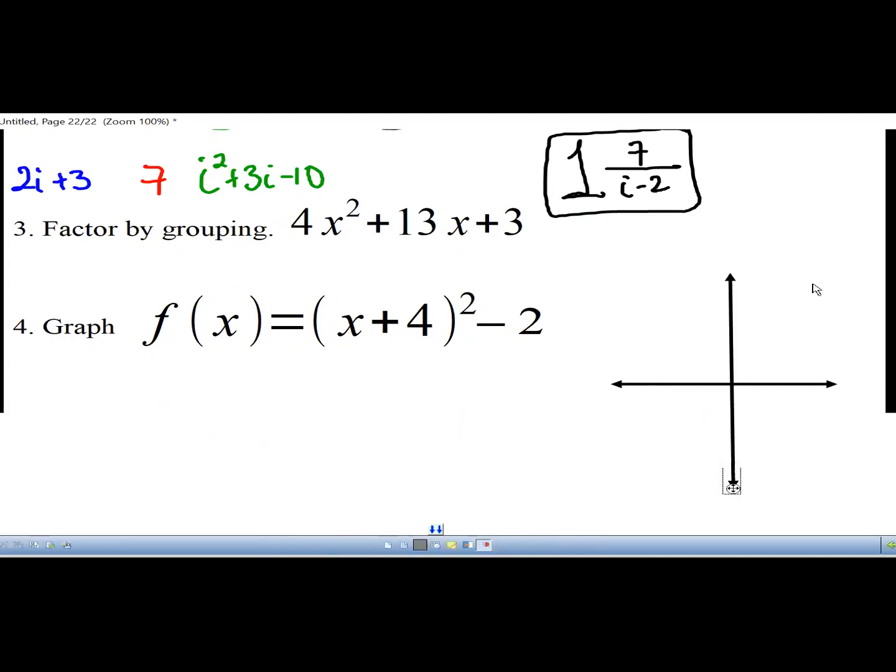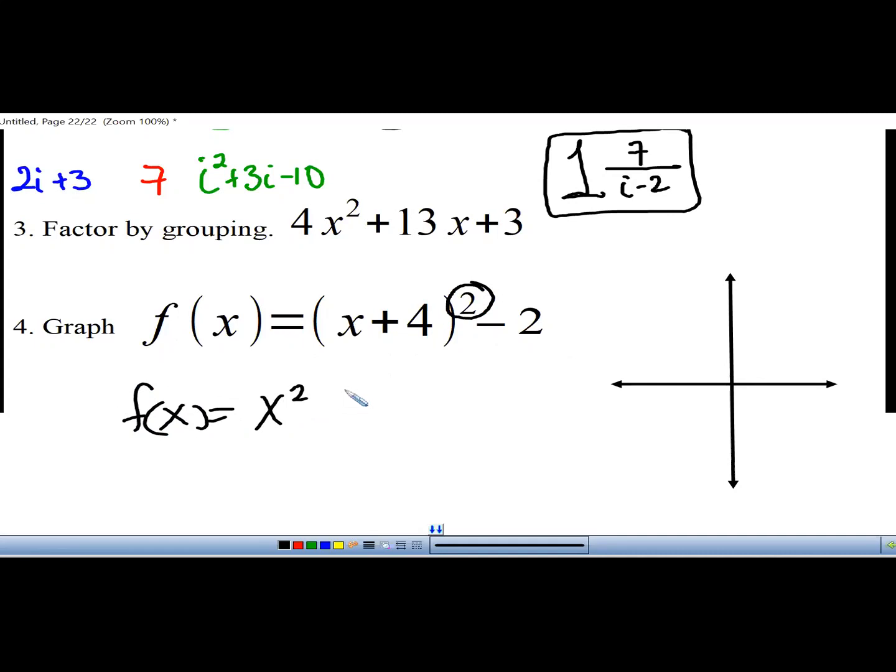By looking at it, there's a parameter inside and a parameter outside the parentheses. However, it looks kind of funky because it has f of x. So let me get started with the fact that this is a what? A quadratic. So my parent function was what? f of x equals x squared. You guys remember that?